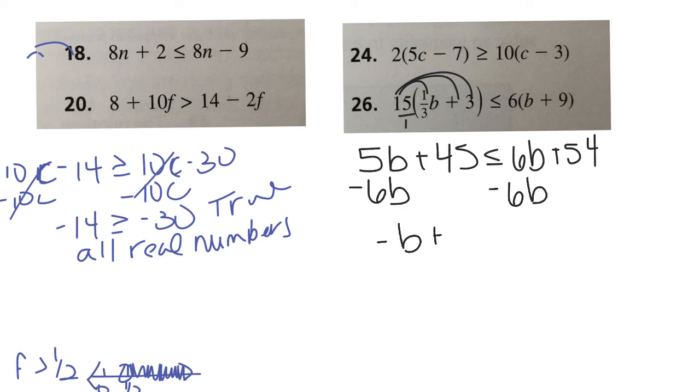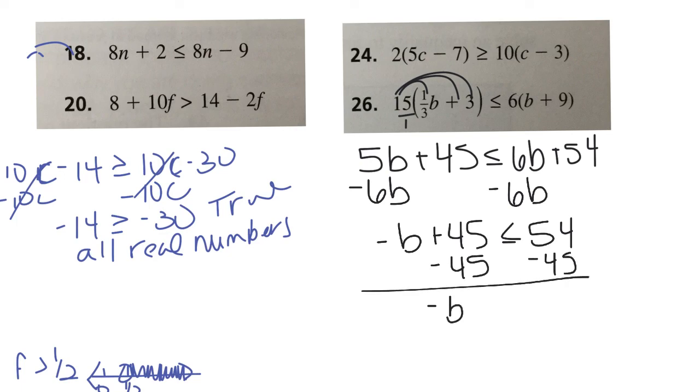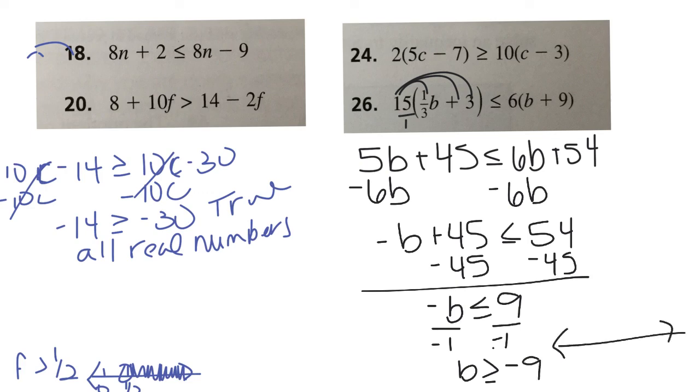We have negative b plus 45, less than or equal to 54. Minus the 45, negative b is less than or equal to 9. Divide by negative 1. When we divide by the negative, the sign changes to greater than or equal to negative 9. And then negative 9, 0, solid circle, closed circle, greater than negative 9 is towards the 0, so it's to the right.